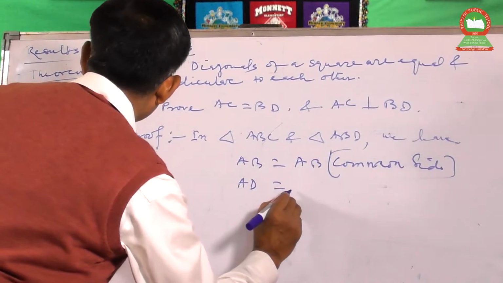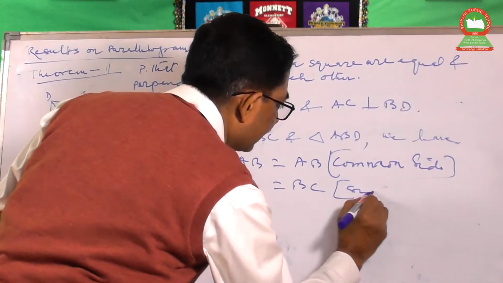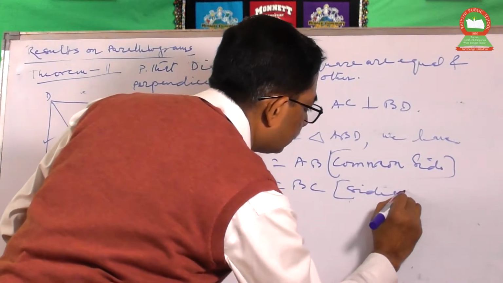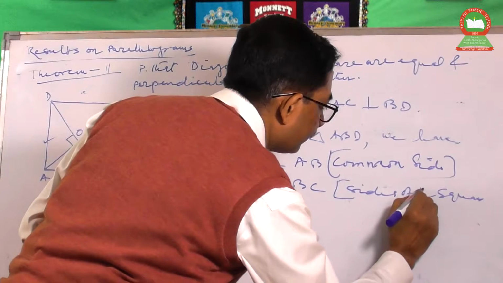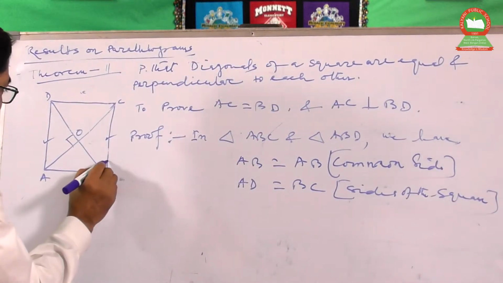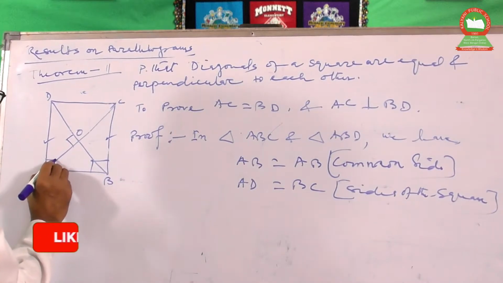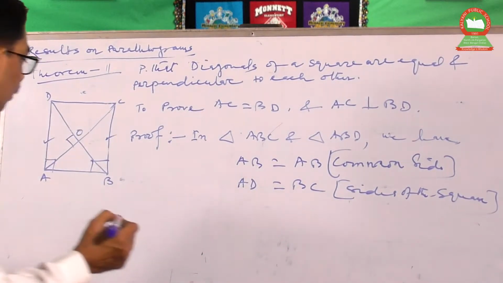This is AD equal to BC, that is a side of the square. And this angle equals this angle, because the angles of a square are also 90 degrees.